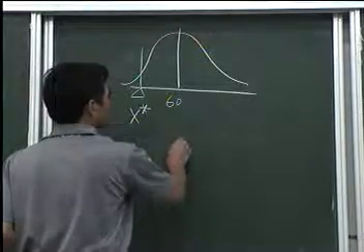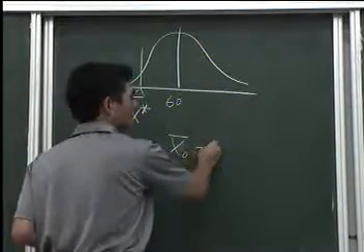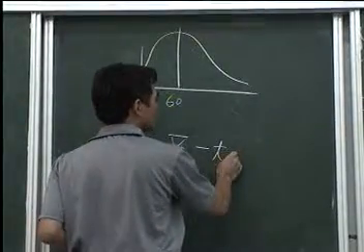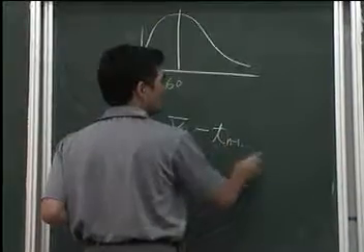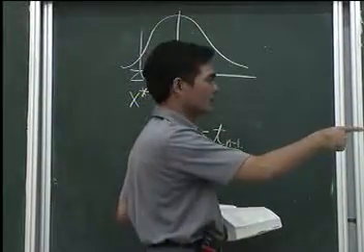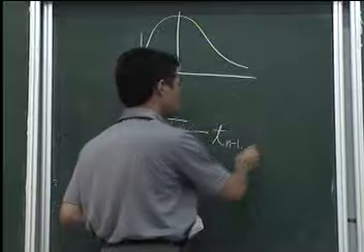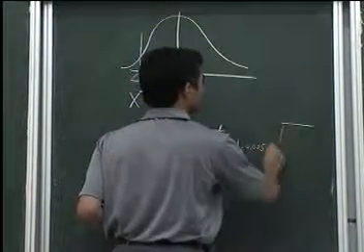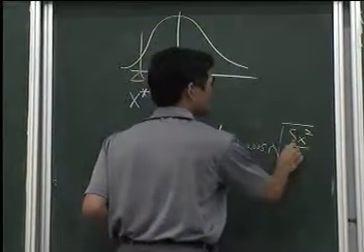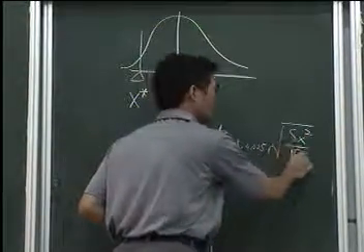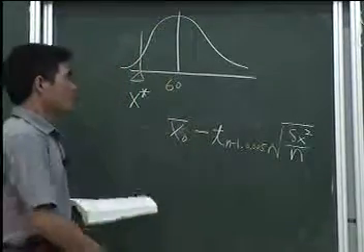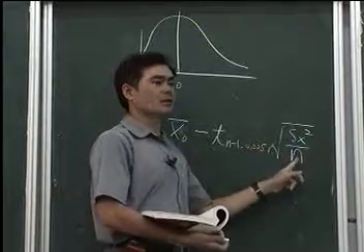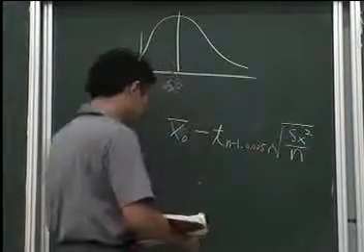It should be X bar naught minus, in this case it's minus, t with degrees of freedom n minus 1, and in this case the significance level is 0.01, so it should be 0.005, times Sx squared divided by n. The degrees of freedom is n minus 1, but this number is n.